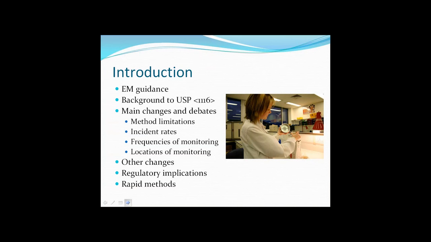We'll also have a look at some of the other, perhaps minor, but in some senses important changes, to have a look at the regulatory implications arising from the changes, and also to attempt to link how perhaps some of the changes in the USP help with the advancement of rapid and alternative microbiological methods.